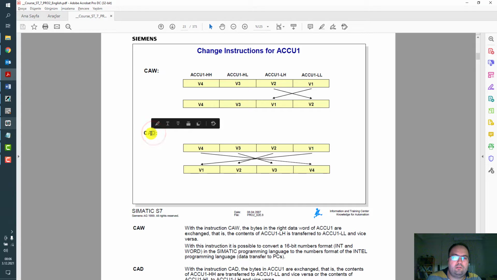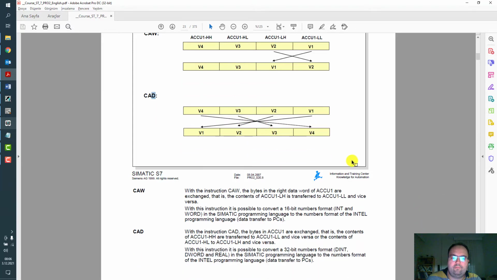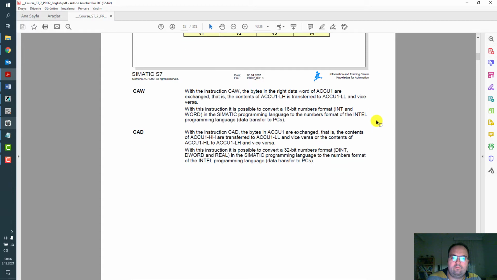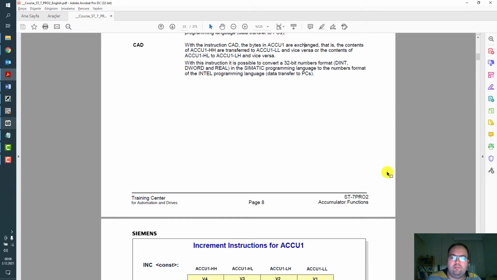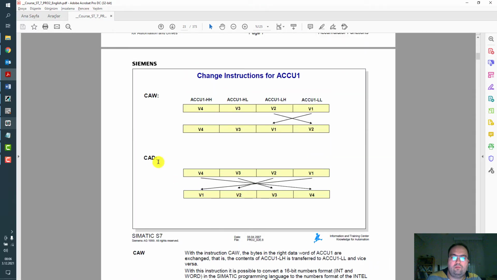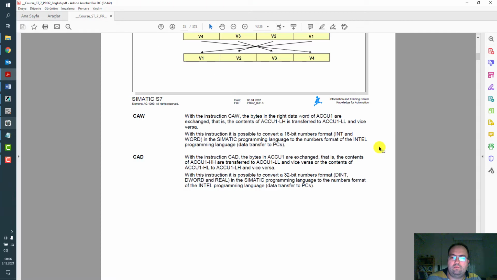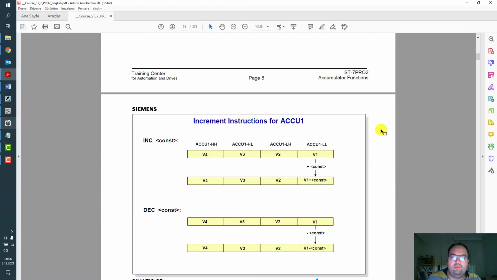The change double instruction affects all of the 4 bytes, as you can see with arrows after the command. In real-world programming, for the Intel number format, especially data transfer between PLC and PC, for instance between STEP 7 PLC and WinCC, you need to use these commands to change the byte order to get the correct values.